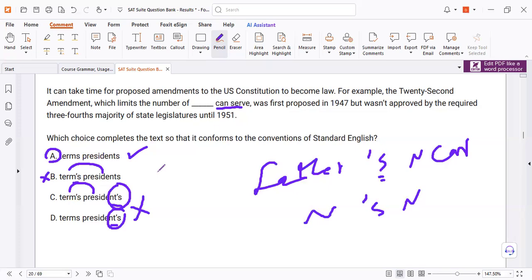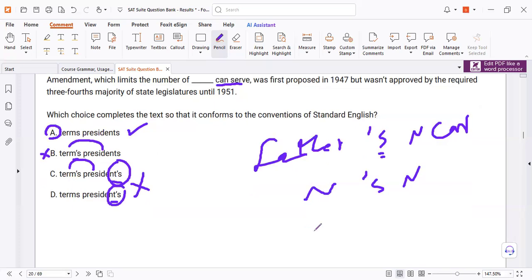Number 8. Expected again: noun plus S apostrophe noun. This S is a plural S. This S is a possessive S. We delete the possessive S if we have a plural S. It does not need to repeat S again.